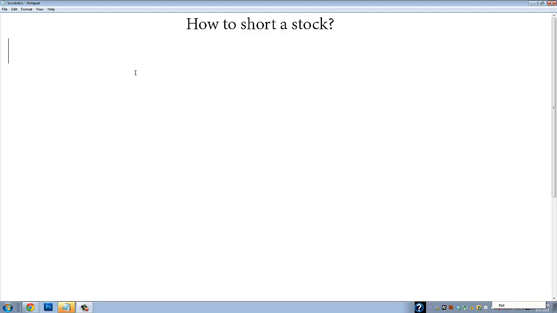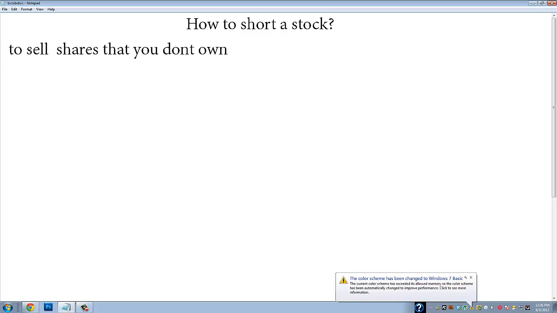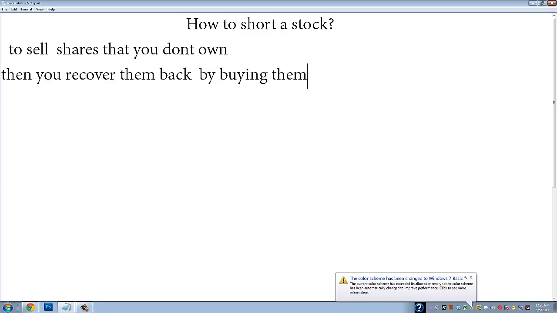In general, it is to sell shares that you don't own, then you recover them back by buying them. So to sell shares that you don't own means you want to bet on the price going down.